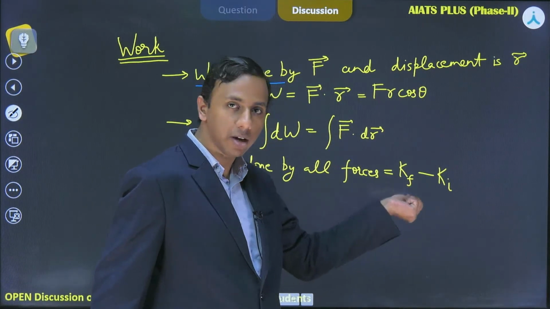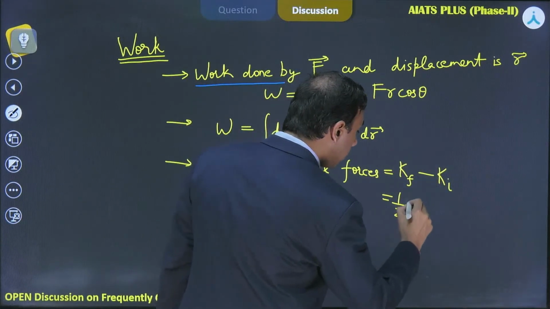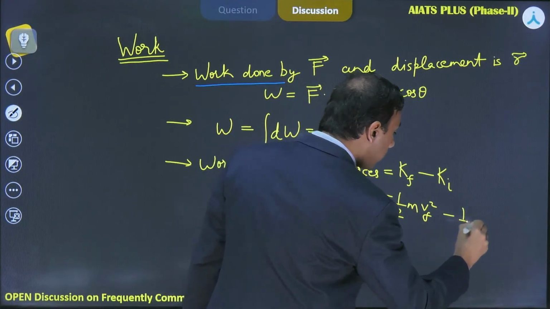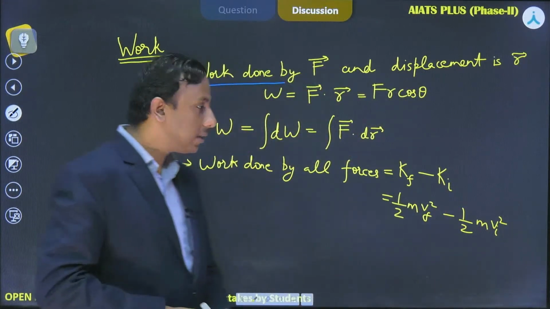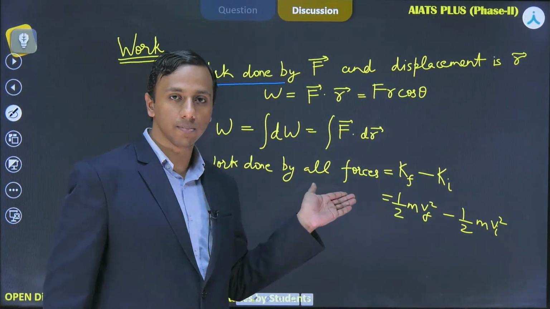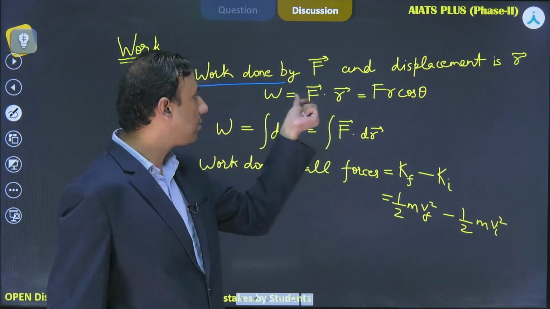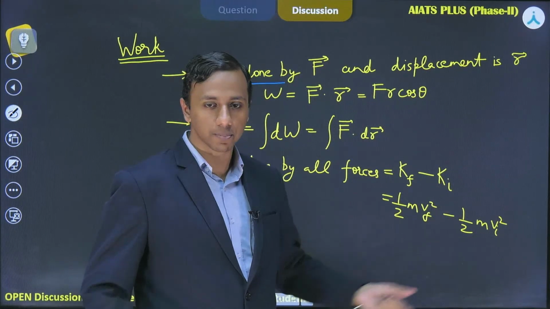So half m v final square minus half m v initial square. Remember, this is work done by all the forces that are acting on the block, okay? But let's say only one force is acting, this F is acting. In that case also, work done will be the same formula. You can use it, all right?